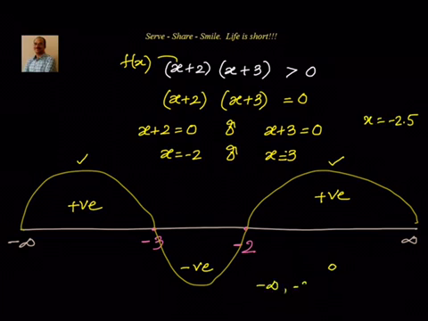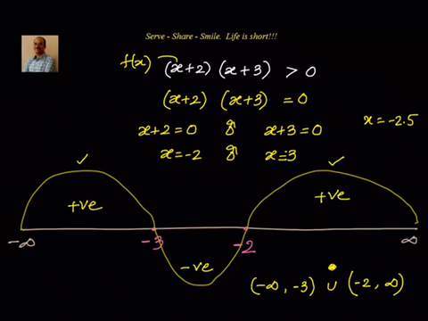I can go till minus 3, but I don't want to include the boundaries. So it will be a closing bracket and then afterwards I'll have union. Then again I'm starting from minus 2. Minus 2 is excluded. I can go till infinity. So that's the solution set of f of x equal to x plus 2 into x plus 3 greater than 0.